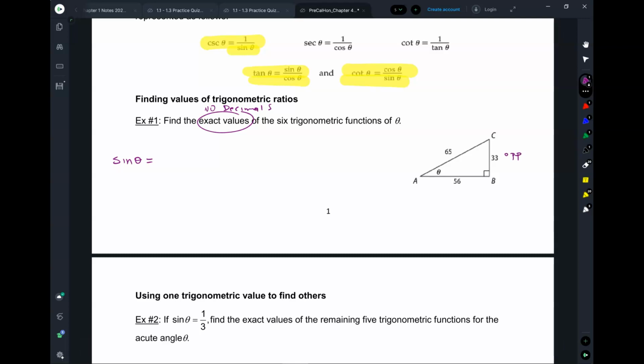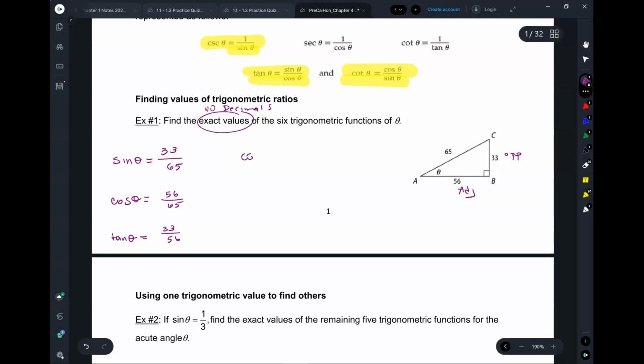Which one is the adjacent? 56. Okay. So sine of theta then is 33 over. Good. And what's cosine of theta? And then here, if you can simplify the fraction, you do. Otherwise, just leave it. Tangent, 33 over 56.